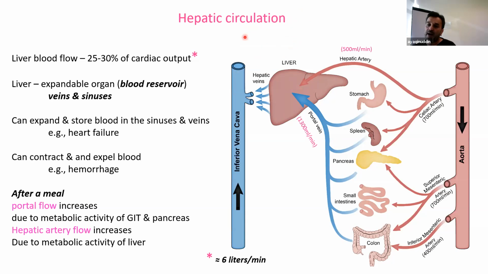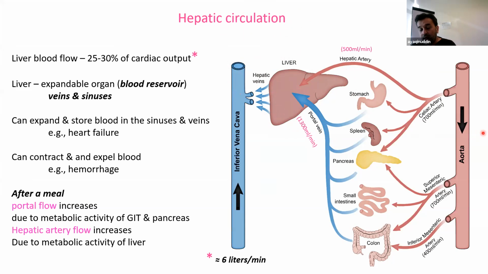So if you have a heart failure, especially right heart failure, the blood will go back to the inferior vena cava and start to accumulate in the liver, resulting in a congestive type of hepatomegaly.